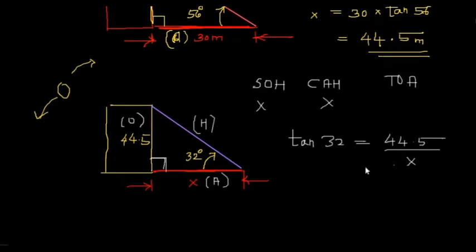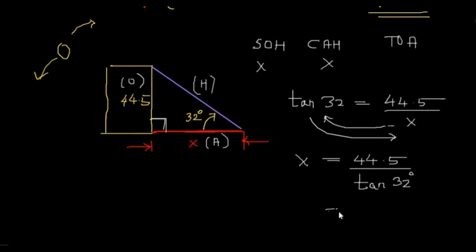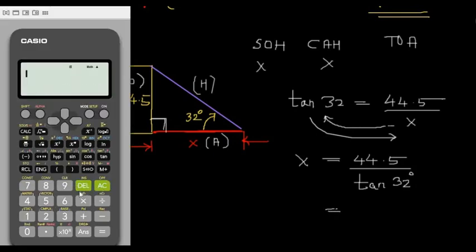Now to find the x, we can exchange the place of x and tan 32 degrees. So x will be equal to 44.5 divided by tan of 32 degrees. So let us calculate and see how much we get. So it is 44.5 divided by tan of 32 degrees.